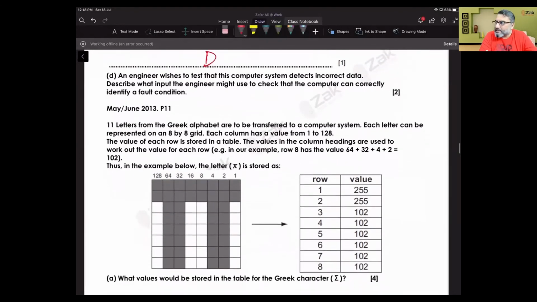This is related to input testing, input ranges and testing. We will do it when the topic comes up.